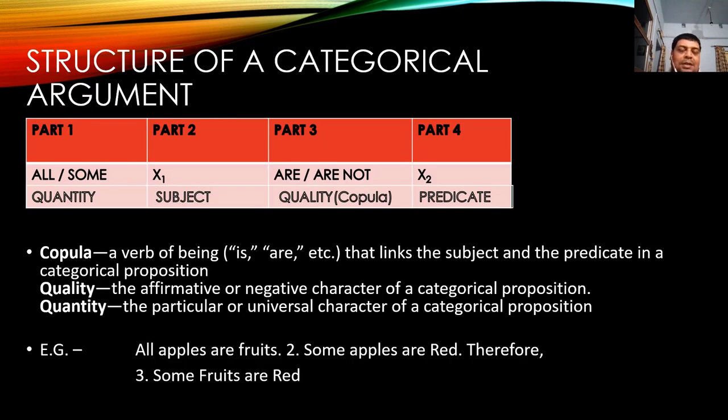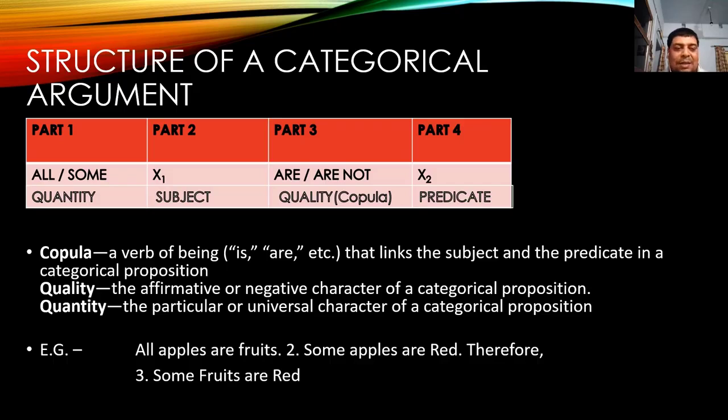Now, the structure of a categorical proposition consists of four parts. The first part represents quantity, the second represents subject, the third represents quality, and the fourth represents predicate. How do we start?